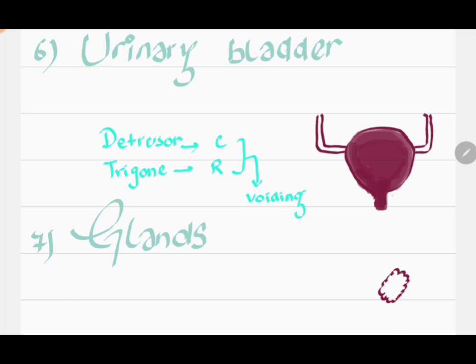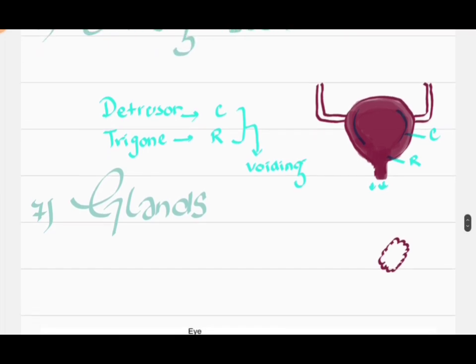So this muscle here will relax, and the muscle in the walls will contract, and as a result, there will be voiding. So if the parasympathetic nervous system is stimulated, voiding will be increased.